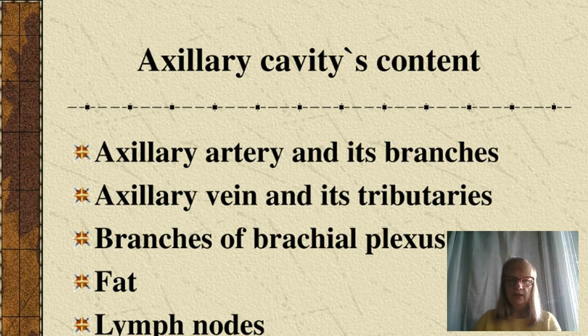We have a group of axillary nodes generally, and among the axillary nodes we have central, apical, pectoral, subscapular, in different positions, and we have different names. And the rest of the cavity, which is free from vessels and nerves, is filled by fat.